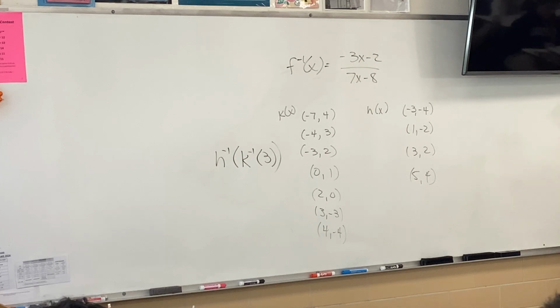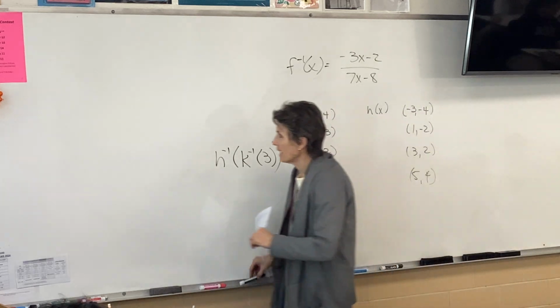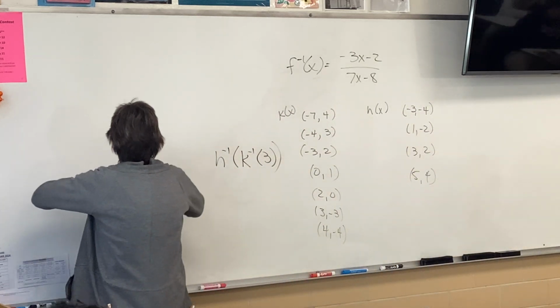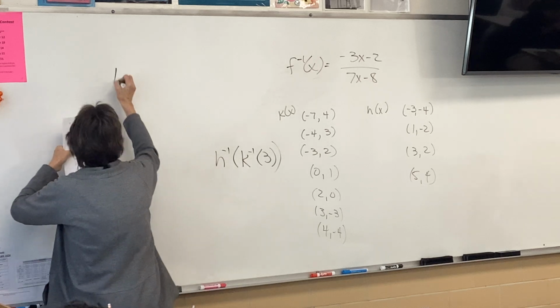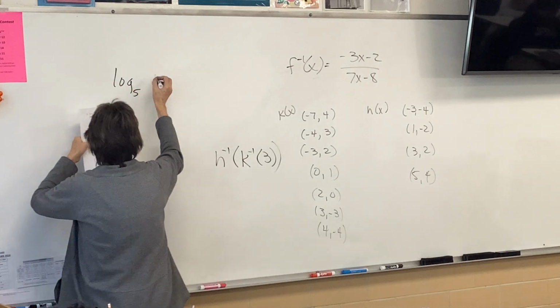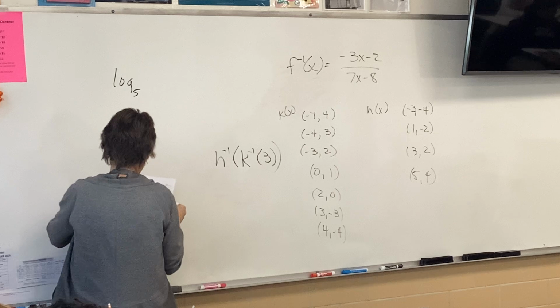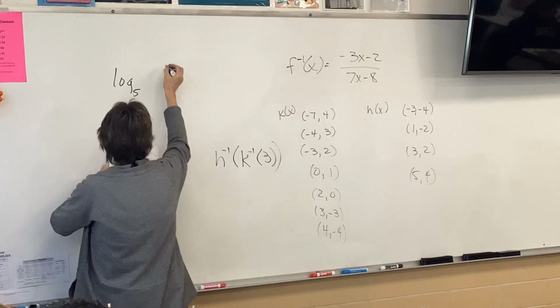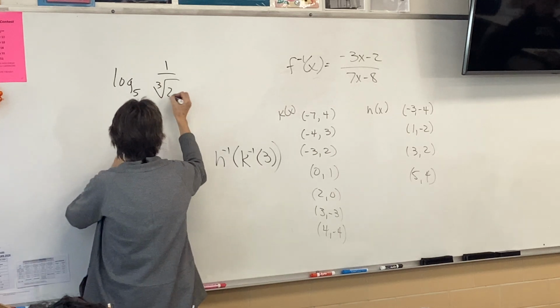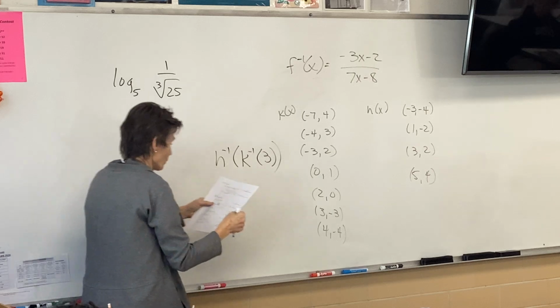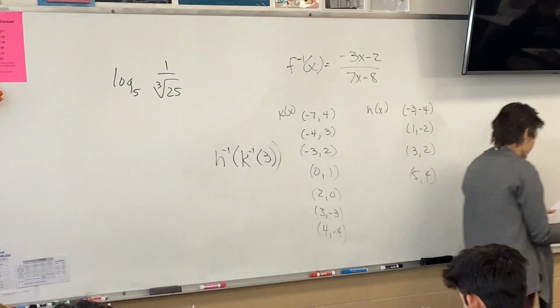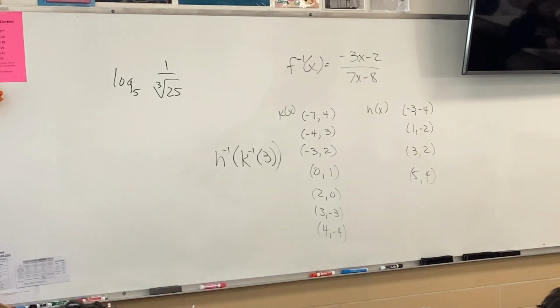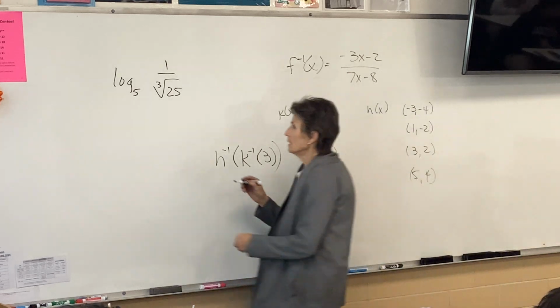All right, he's trying to simplify the log base 5 of, is that 1 over, I can't read it, it's all marked out. 1 over the cube root of 25? Yeah. Okay. So, we got two different options here. One option is to loop-de-loop.